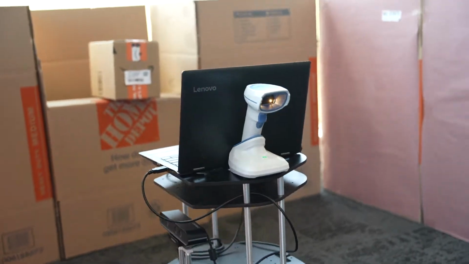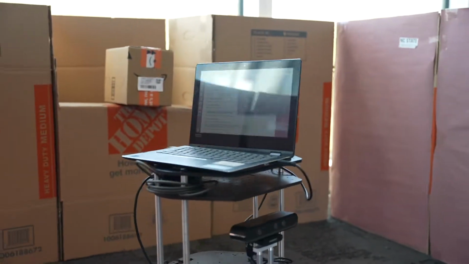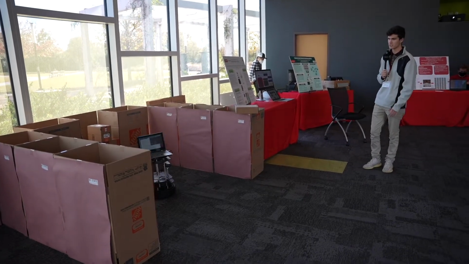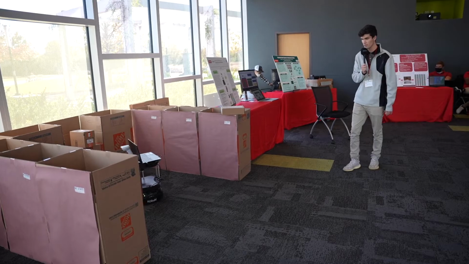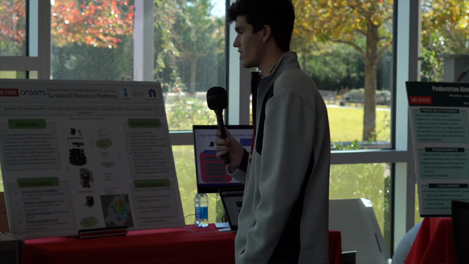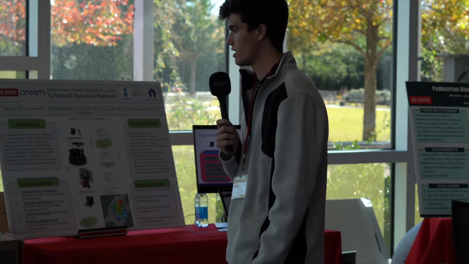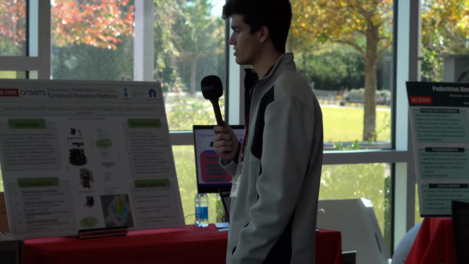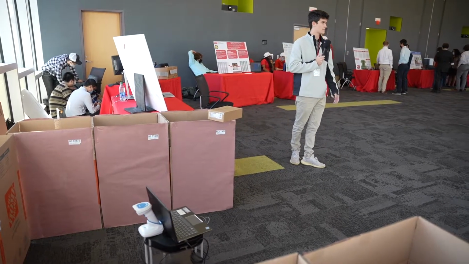The structure here runs on several ROS packages: a Turtlebot navigation package, a Turtlebot following package, and the Zebra scanning package. The way it works is that with ROS there are several nodes, and the master is on the Turtlebot. Those nodes interact with each other via topics.